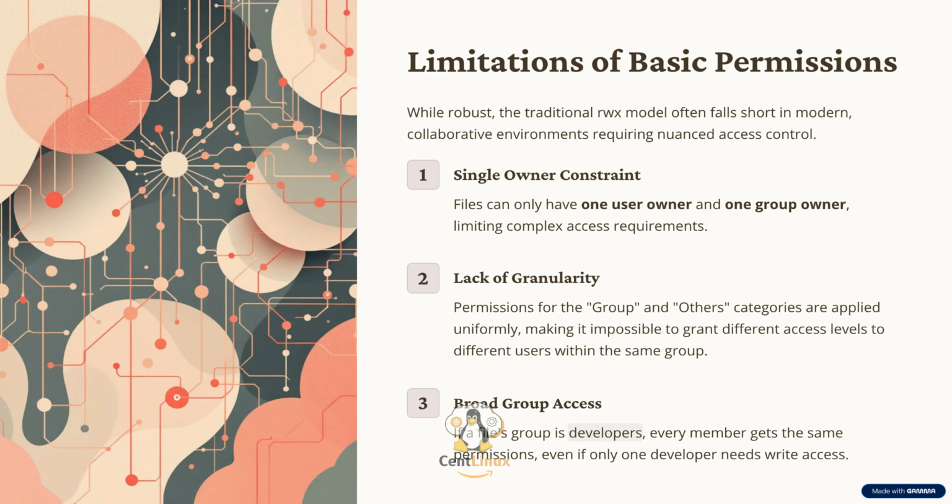Broad group access. If a file belongs to the developers group, then every developer gets the same access level, even when only one user needs write access. These limitations become more noticeable in complex environments like shared development servers or departmental shared storage.